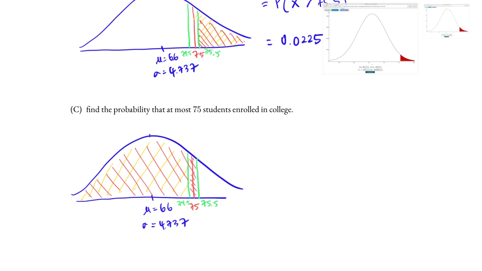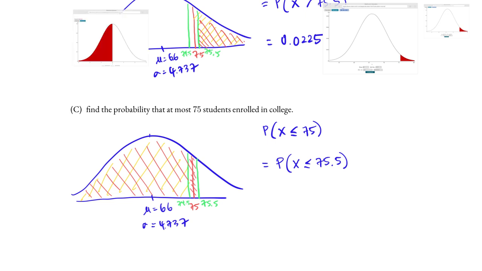We're looking for the probability of x less than or equal to 75 for the binomial. But using normal approximation to binomial with continuity correction, we will change it to P of x less than or equal to 75.5 to include 75.